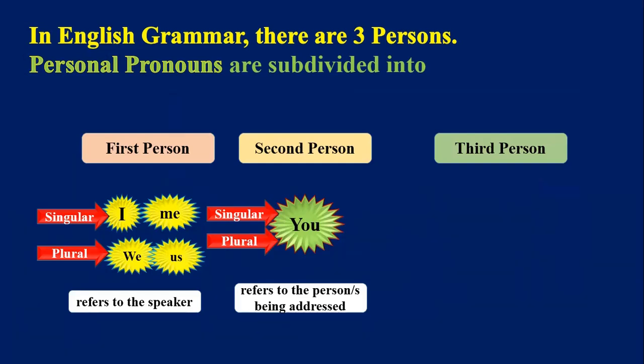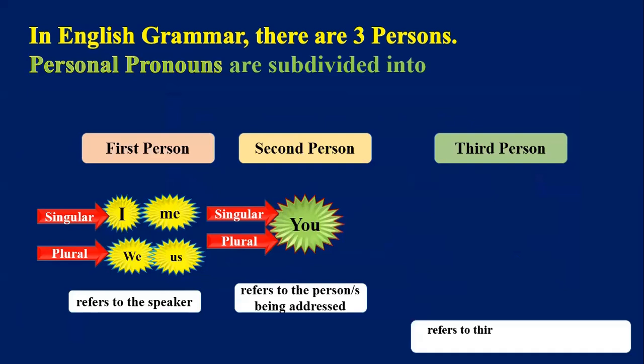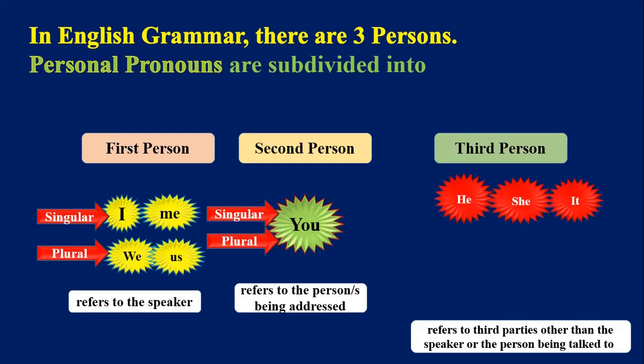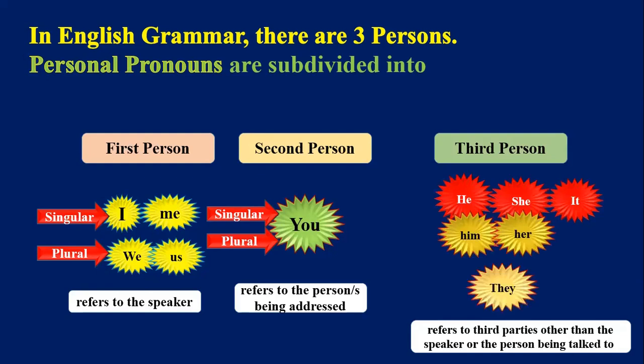The third person refers to the person or thing spoken about. So it talks about third parties other than the speaker. The personal pronouns that fall under this category are he, she, it, him, her, they, and them. The pronouns he, she, it, him, and her represent singular subjects.